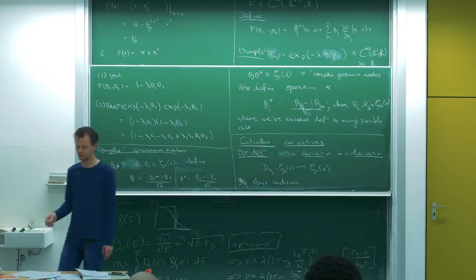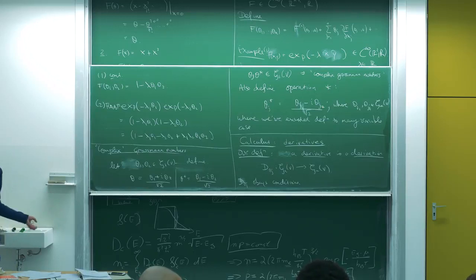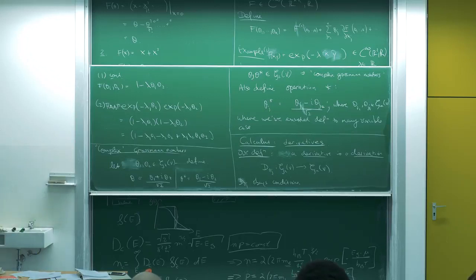So what the derivative should be is something that takes a Grassmann variable, a Grassmann number, and hands you back maybe a different Grassmann number or Grassmann variable. So it has to be a map between this space. But this map can't be just any map. We're going to have to give it some conditions that we'd like it to obey by analogy with the standard derivative.